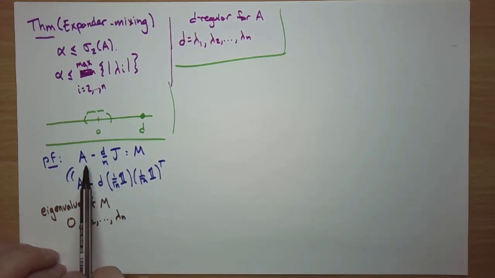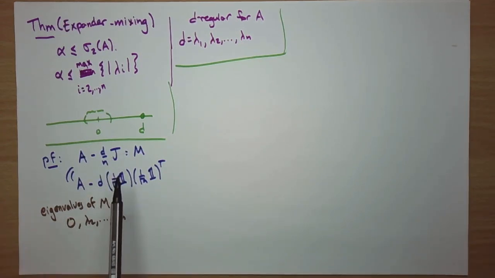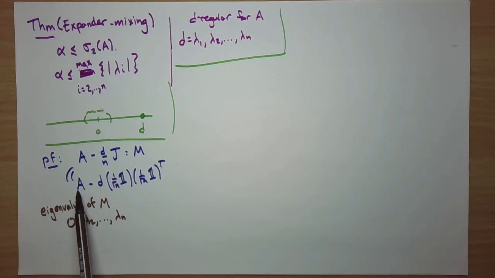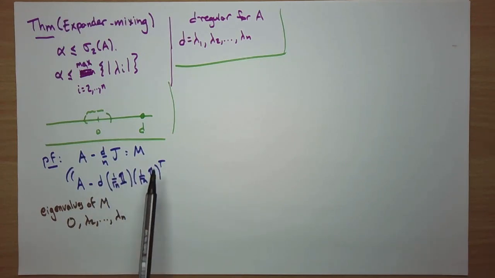So essentially, there's this notion of what's called the projection. The matrix 1 over n times J is the projection onto the all ones vector. When you do this subtraction, you're saying that for the eigenspace associated with the all ones, we're going to make a modification.